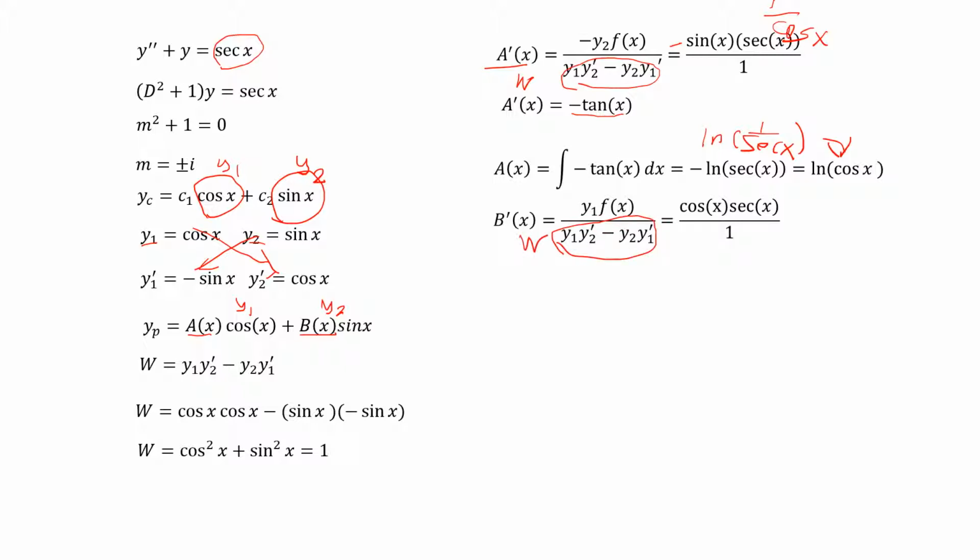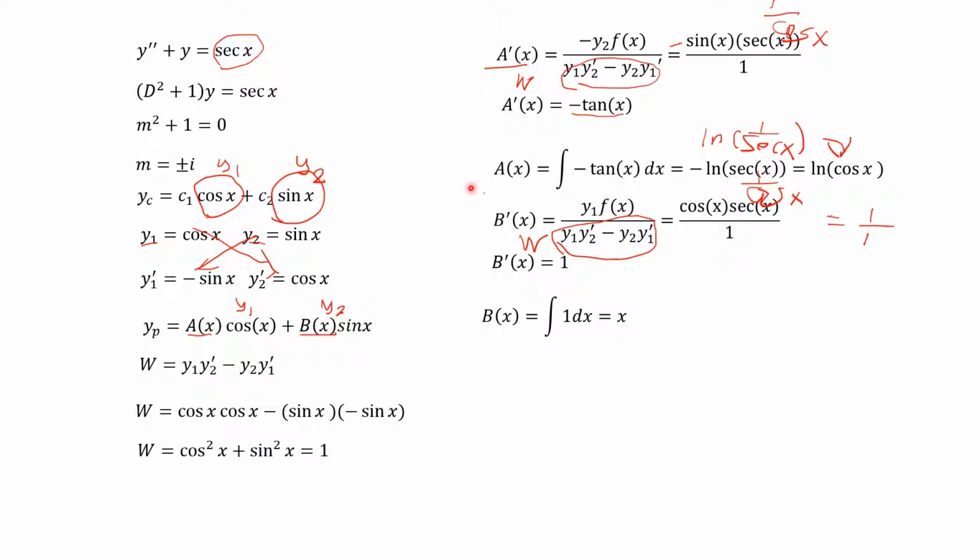So this is cosine x times secant x, and secant x is 1 over cosine x, and therefore that is equal to 1. So this is equal to 1 over 1. So therefore, b prime of x is 1, and integrating 1, you have b of x is the integral of 1 dx, which is x.